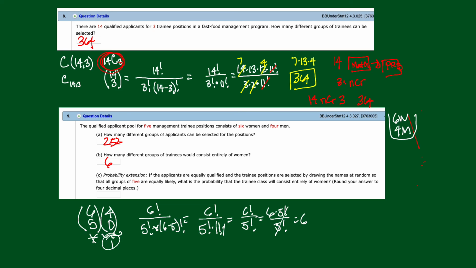So this number is going to be 6 over 252, and my calculator shows that to be 0.023809. It says round to 4 decimal places, so 1, 2, 3, 4. So 0.0238, and 4.3 is done.